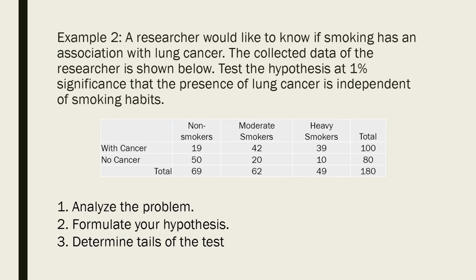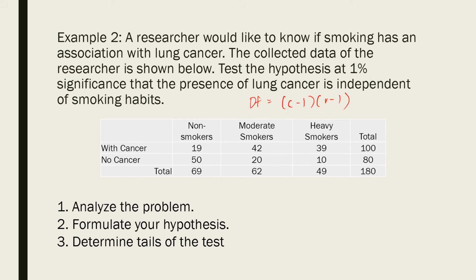Another example: a researcher would like to know if smoking has an association with lung cancer. The collected data of the researcher is shown below. Test the hypothesis at 1% significance that the presence of lung cancer is independent of smoking habits. Now, one thing that you have to note for contingency tables is that when we compute for degrees of freedom, which we're later going to use to obtain the critical value, we use the formula columns minus 1 times rows minus 1.